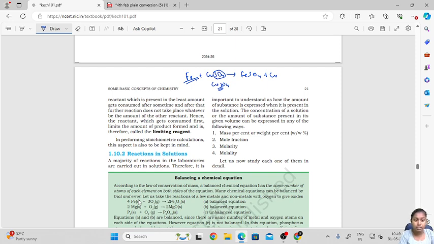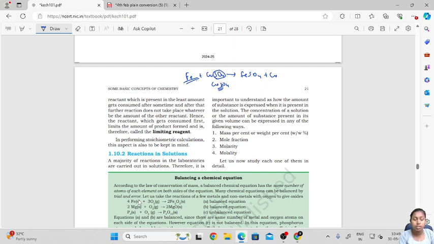So the reactant which is present in the least amount, if Fe is present in least amount compared to CuSO4, gets consumed after some time, and after that further reaction does not take place, whatever be the amount of the other reactant.